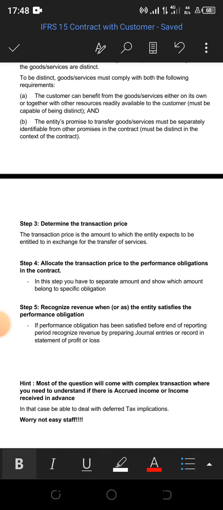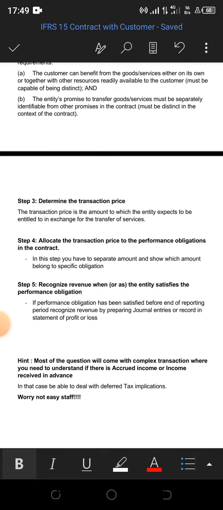For example, if I'm purchasing computers in bulk, and the company is also willing to install the software for a certain price, then the price of delivering the laptops must be separate from the installation. So we have to identify that 20,000 is for the laptops and 10,000 is for the installation.